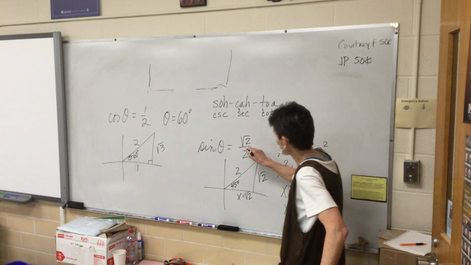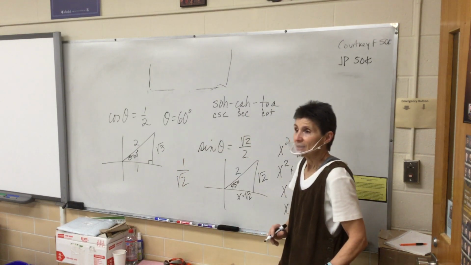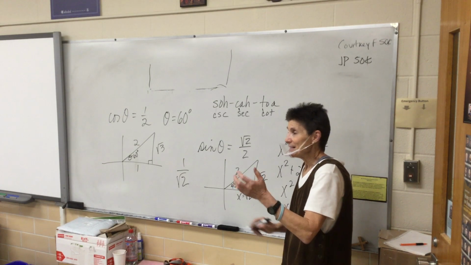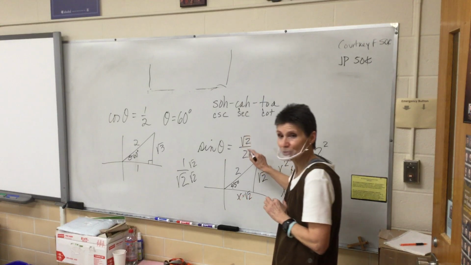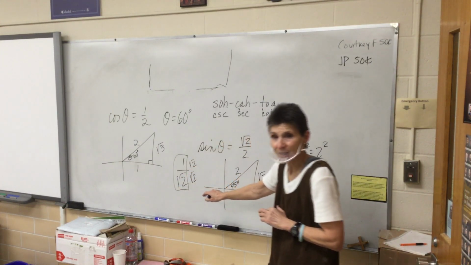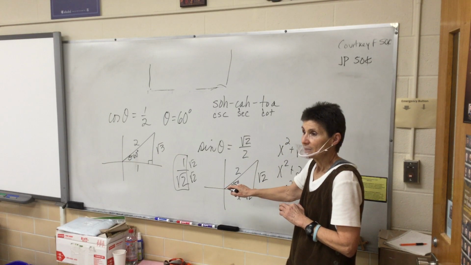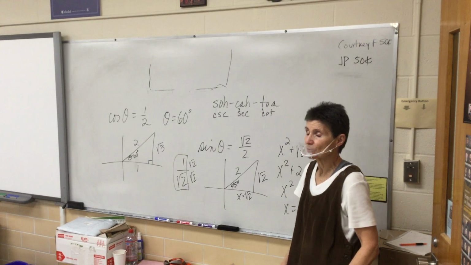This fraction is the same as this. Remember, if we multiply to rationalize that, don't we get root 2 over 2? So there is the original fraction, and those are the right numbers. 1, root 2, those are the right numbers for your picture.